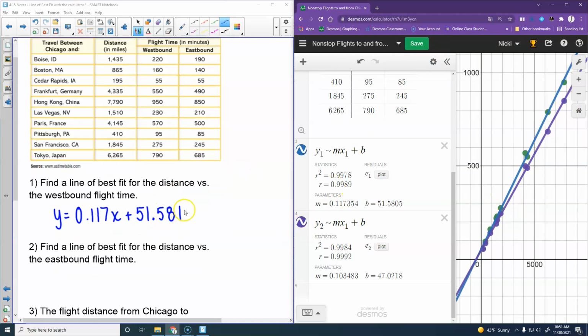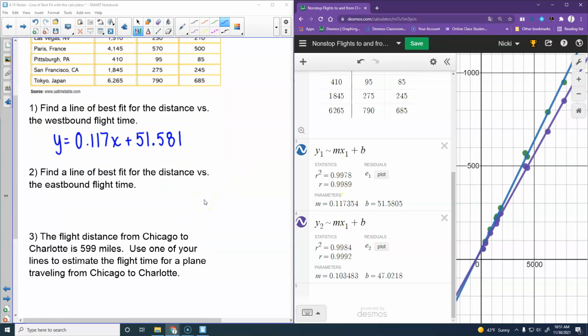Okay, let's write our equation for that one. So, y equals 0.103x plus 47.022. Unless I tell you otherwise, round it to 3 decimal places for me.